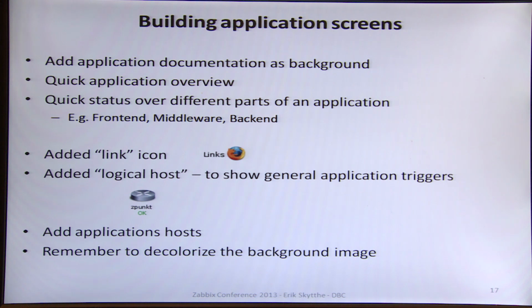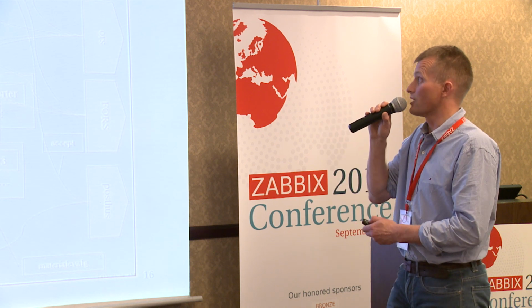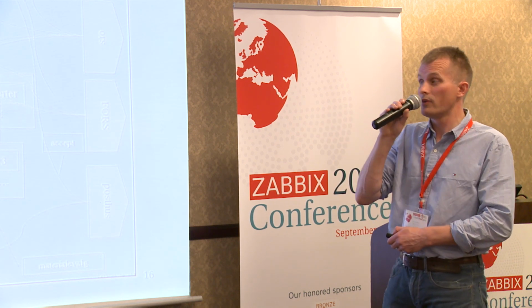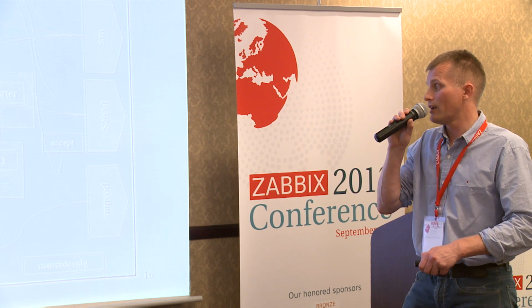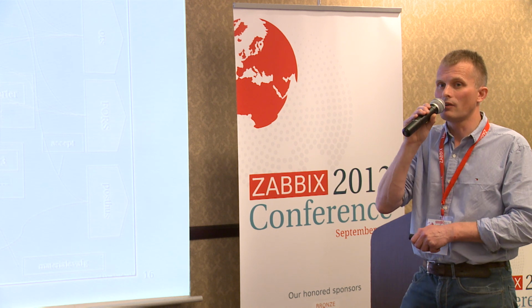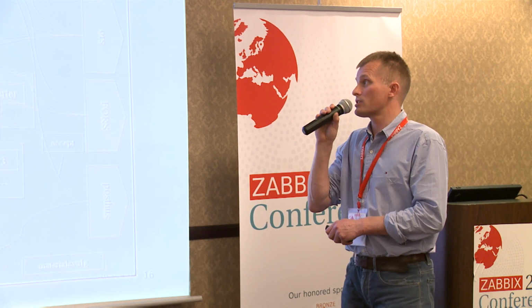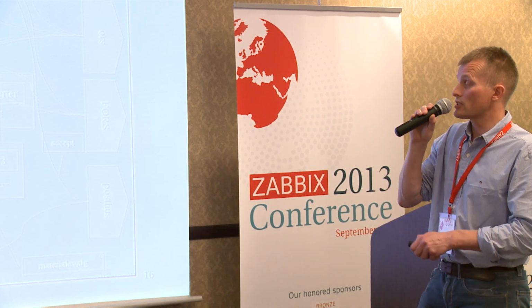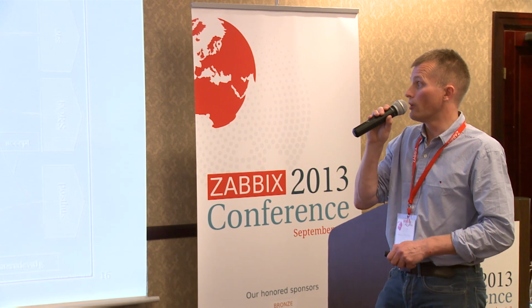The good thing about this is that even though it's not easy to get an overview here, if something fails, for example, Oracle down here or some of the systems, you can easily see what the problem is. And the only thing I have done is put in this drawing as a background, and put on all the hosts.